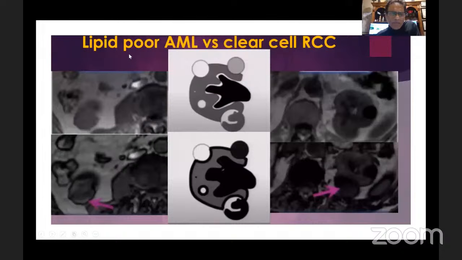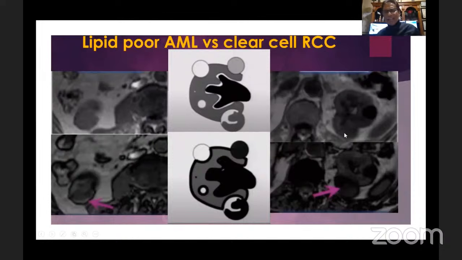However, the problem comes when there is a lipid poor AML or clear cell carcinomas on in and out of phase imaging. However, it has been shown that the lipid poor angiomyolipomas tend to follow signal of psoas muscle on in phase, and they will show areas of drop in signal on out of phase depending on how much fat content is within the lesion.